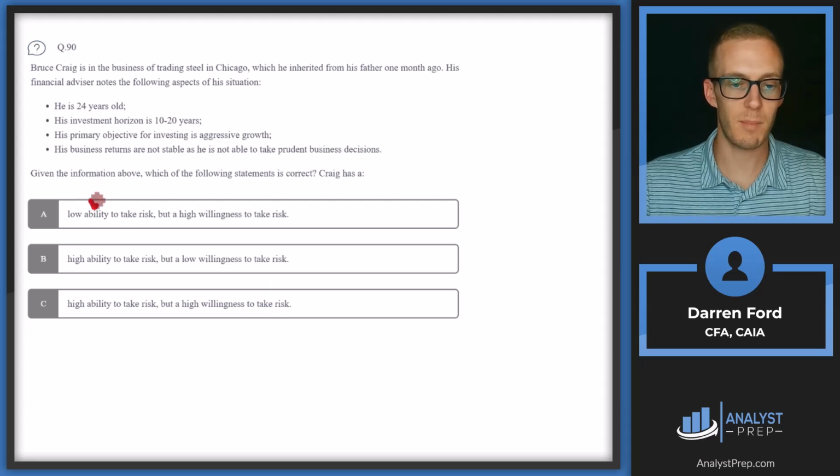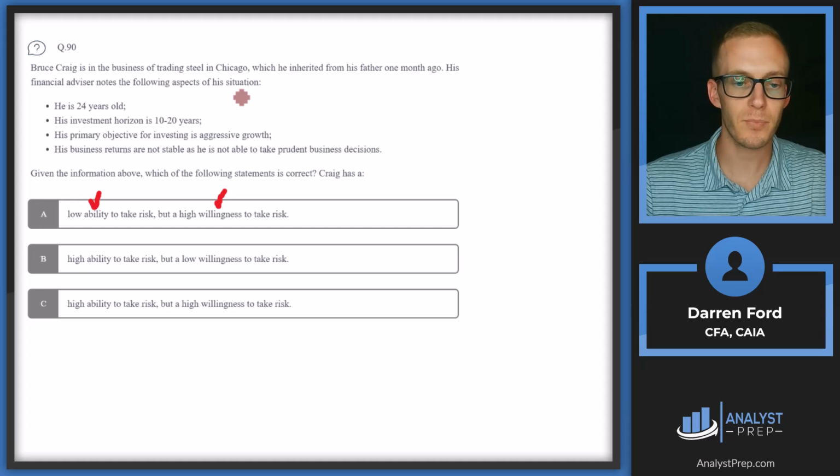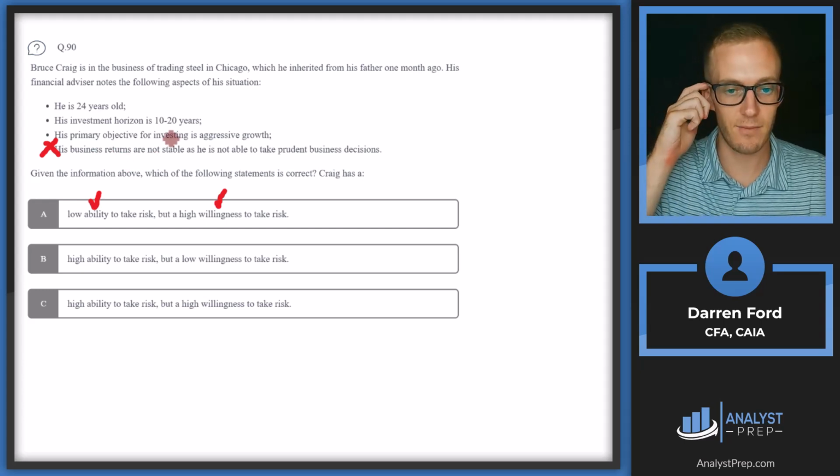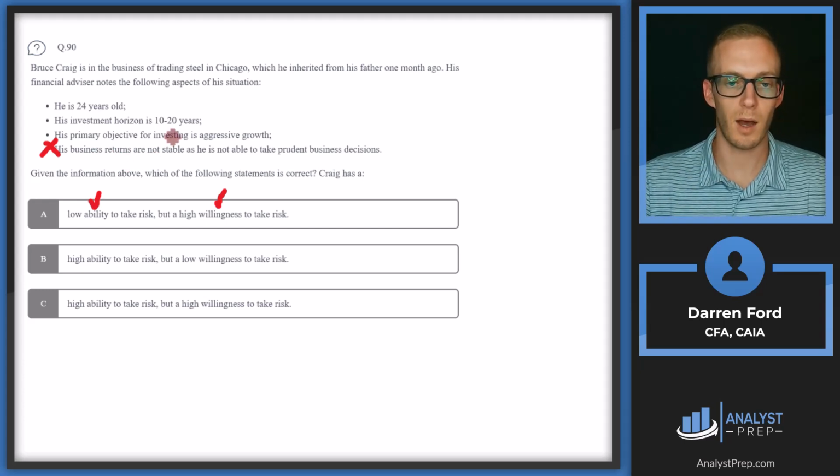So we're looking at ability versus willingness based on this information up here. Looking at ability first, looking at a couple things. He's 24 years old, long time horizon. Those would kind of go more so in favor of higher ability to take risk. But this last bullet point here is what's really going to lead him to having low ability to take risk. If he doesn't have a stable income, he may have to draw on his investment portfolio.